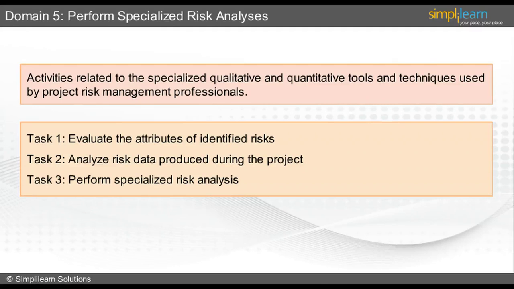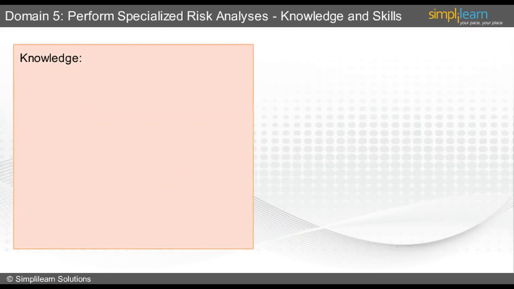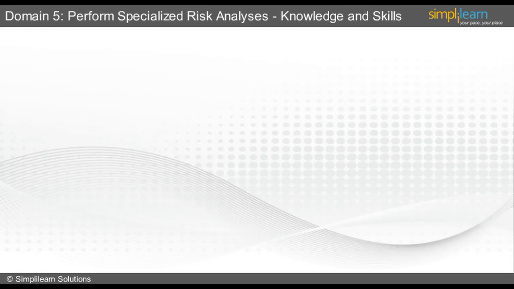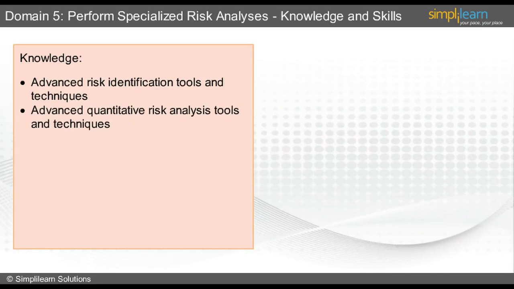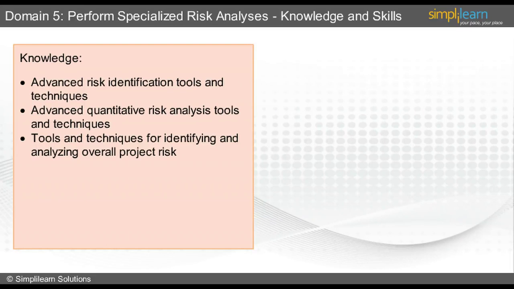The knowledge required is tools and techniques used for risk identification, qualitative risk analysis, and identifying and analyzing the overall project risk. The names of a few tools and techniques are Delphi, Nominal Group Technique, Monte Carlo Analysis, and risk-based analytical and critical chain analysis.